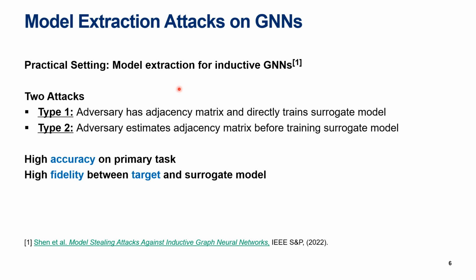In another type of attack, the adversary does not have the adjacency matrix and instead estimates that before training the surrogate model. However, in both cases, the adversary wants high accuracy on the primary task as well as high fidelity between the target and surrogate model, which means the behavior of the target and surrogate model should be similar.